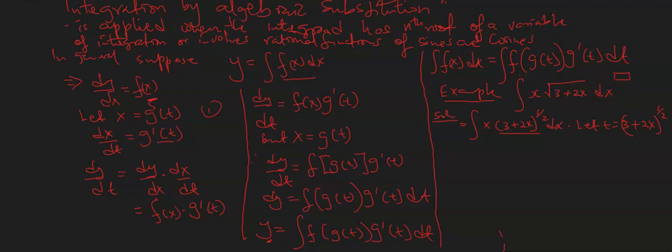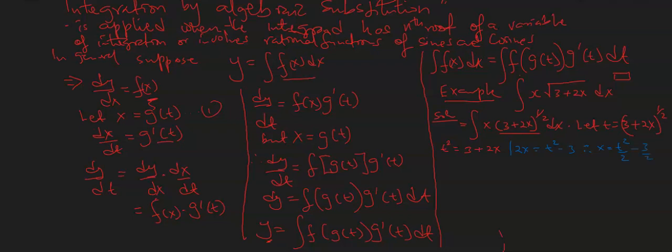We can eliminate the root sign by squaring both sides, so that t squared is equal to 3 plus 2x. From this point, we can have that 2x is equal to t squared minus 3. And therefore, x will be the same as t squared over 2 minus 3 over 2.